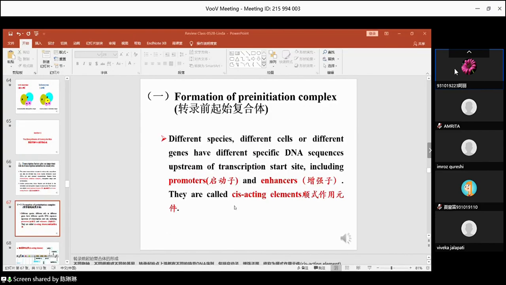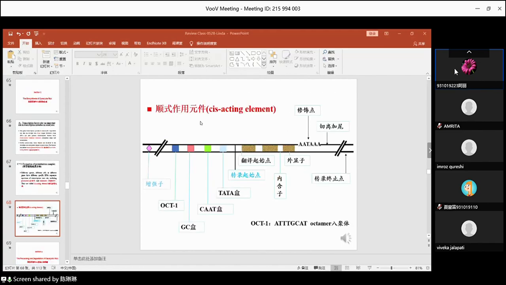And also, you should remember the cis-acting elements in eukaryotic transcription. There are many kinds of cis-acting elements here.